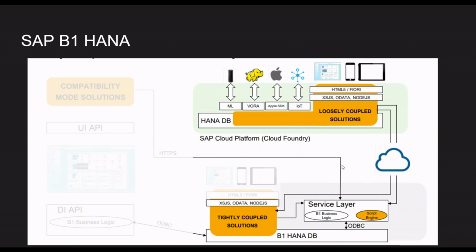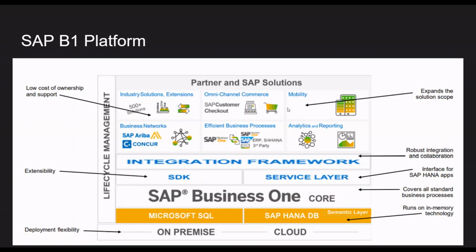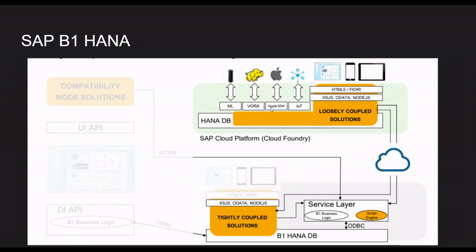On the cloud, the solution has a wide range of technology to communicate with external services like IoT, SDK, machine learning, Fiori, anything. And the digital core of SAP Business One stays untouched, and it's going to be the core thing with no or only small customization.